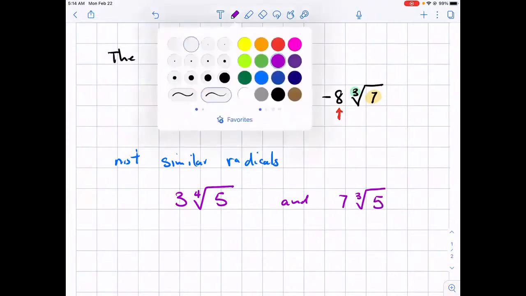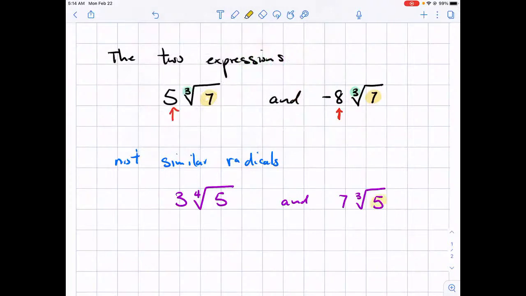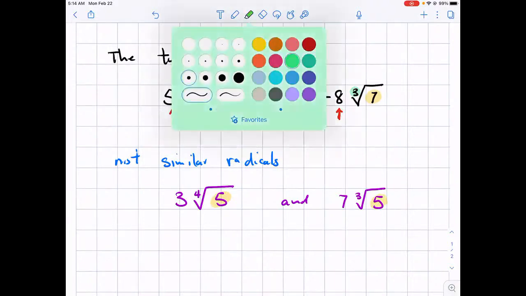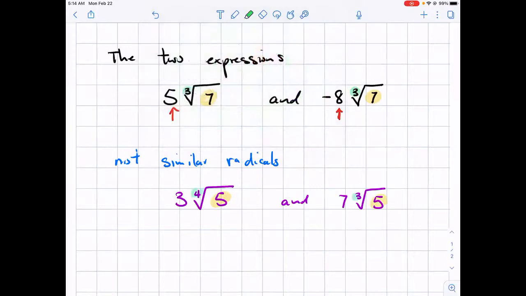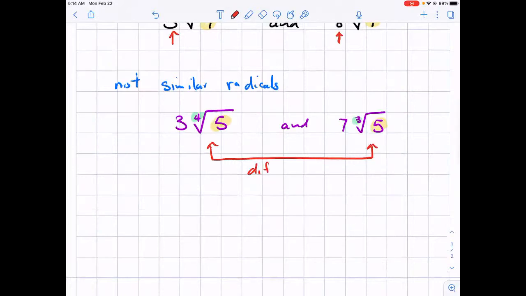Although in this scenario the radicands are the same, notice that the indexes are different. So in these two examples, the index is different in both scenarios. You have to be very careful when you're looking at these things. Pay attention to the index and the radicand.